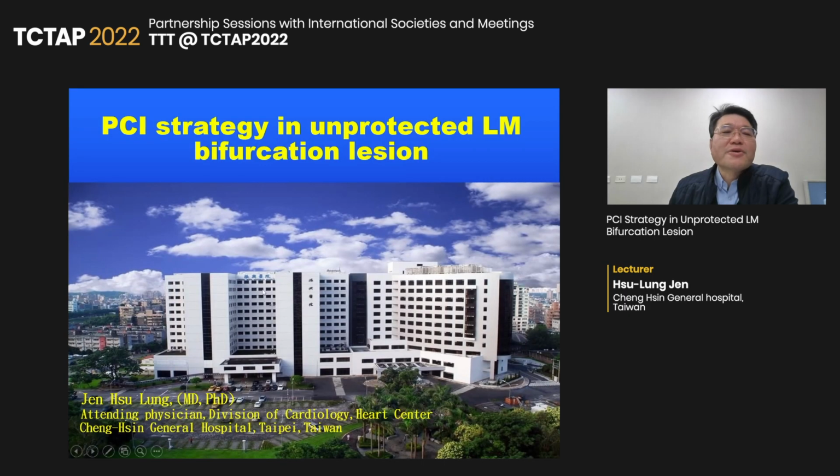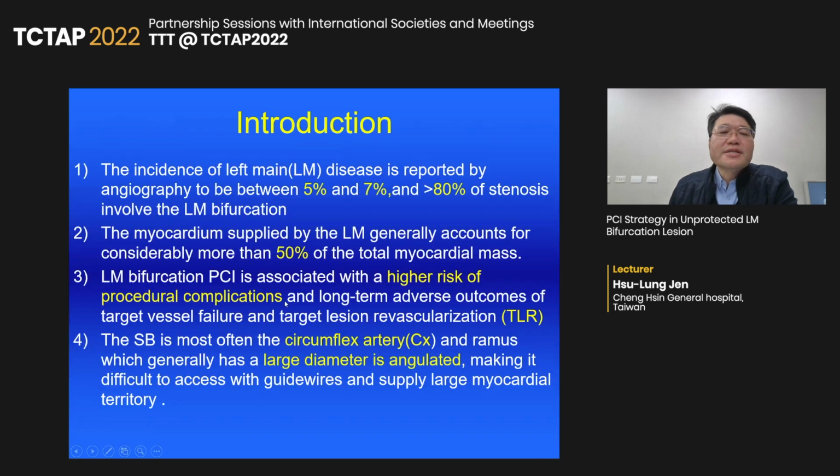Today I will talk about the PCI strategy in the unprotected left main bifurcation lesion. The incidence of left main disease is reported at around 5 to 7%, and more than 80% of stenoses involve the left main bifurcation. The left main generally accounts for more than 50% of total myocardial mass.